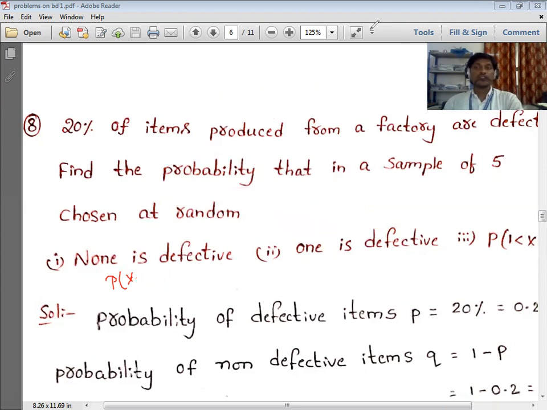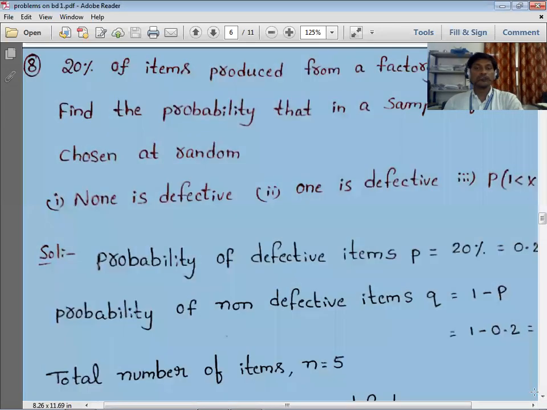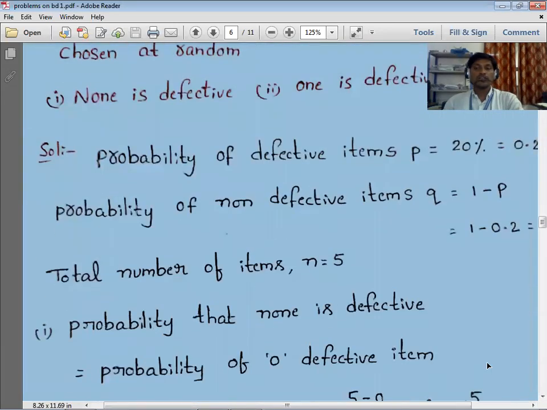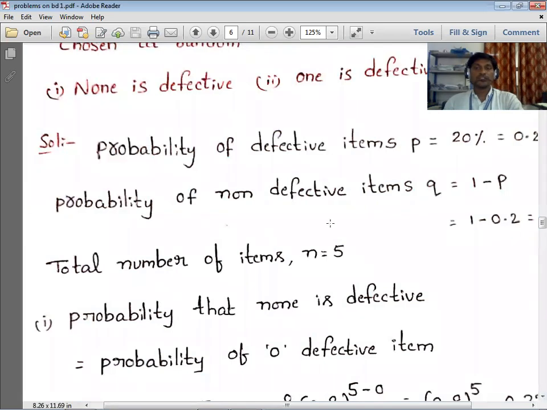Okay, now go to that. First we can write the information they mentioned in the problem. Probability of defective items, p equals 20 percent, 20 by 100. 20 by 100 is nothing but 1 by 5, so that is simply 0.2. So p is equal to 0.2.